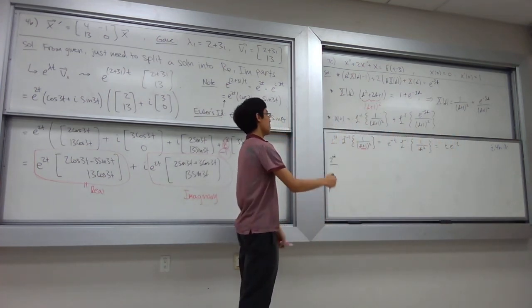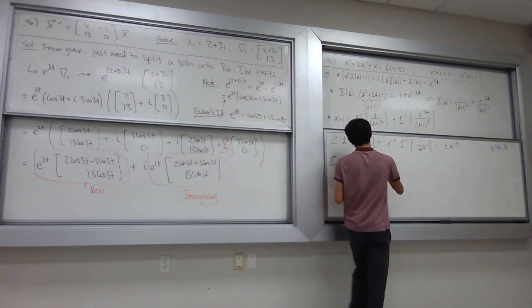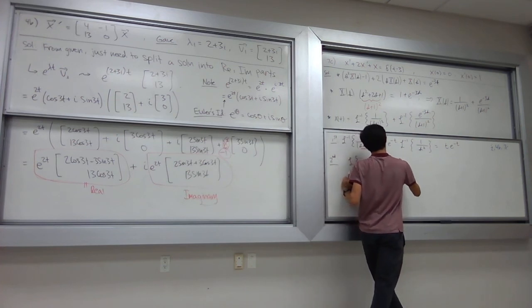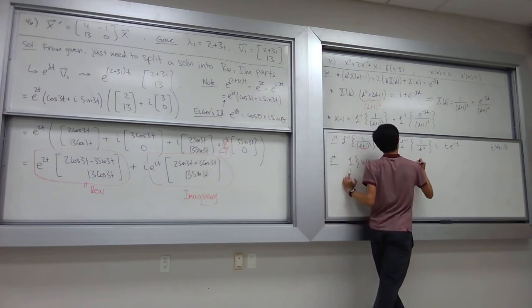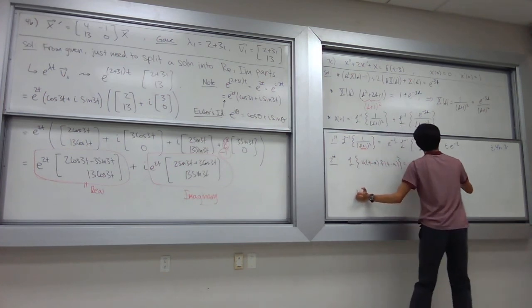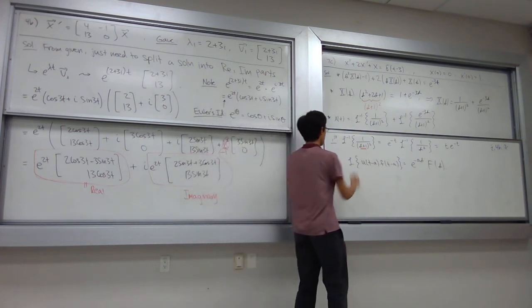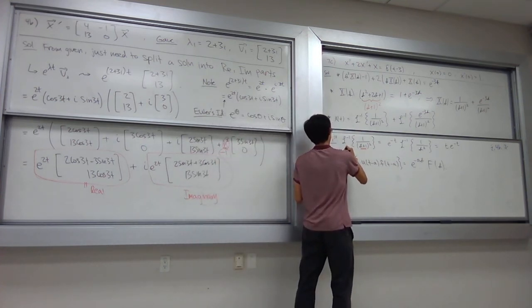So here's the identity. We want to use this one: equals e to the negative a s times F of s. We're going to use this.